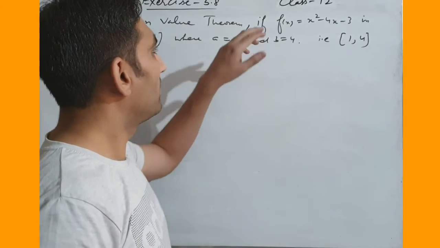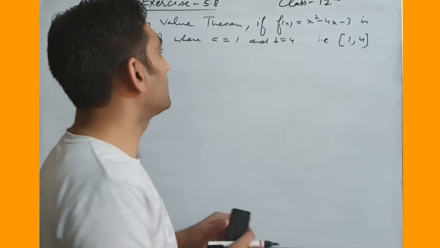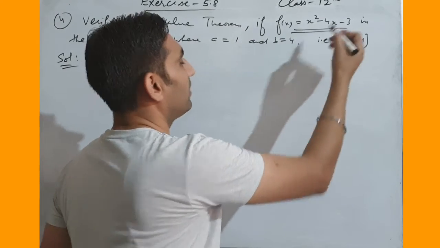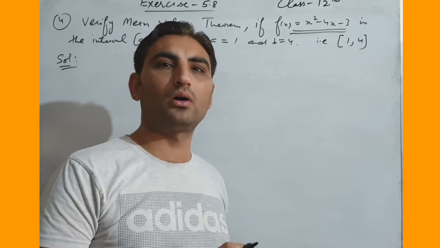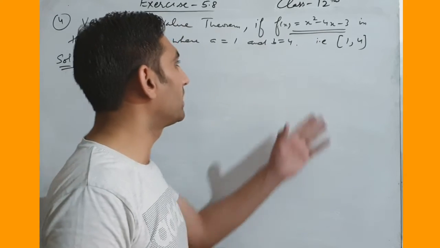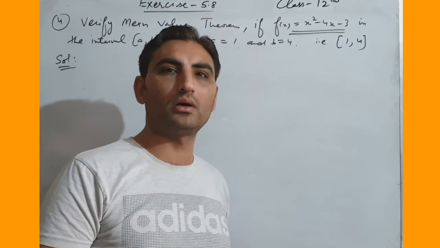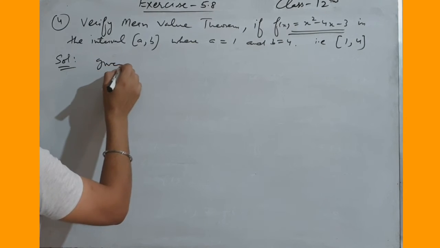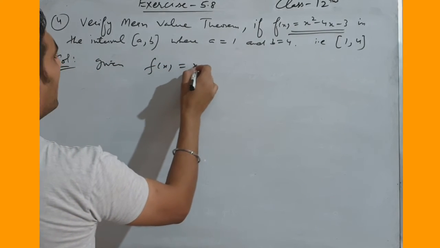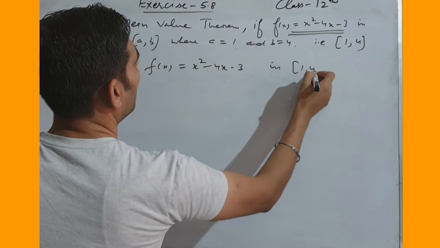But the thing is, will it be continuous and derivable, or differentiable? See, this function f(x) is a polynomial. Try to remember, polynomials are continuous and differentiable on all real numbers, whether you have them in the form of an interval or not. So we are going to start. Given is f(x) equals x squared minus 4x minus 3 in [1, 4].